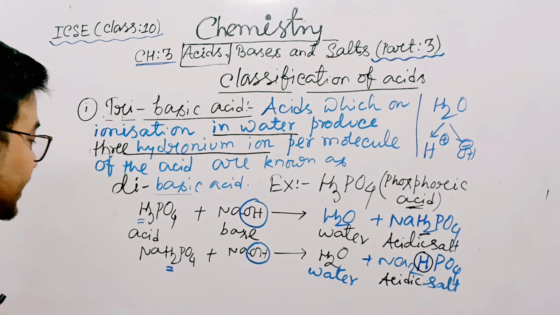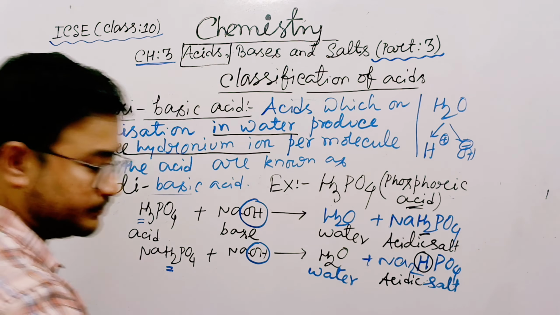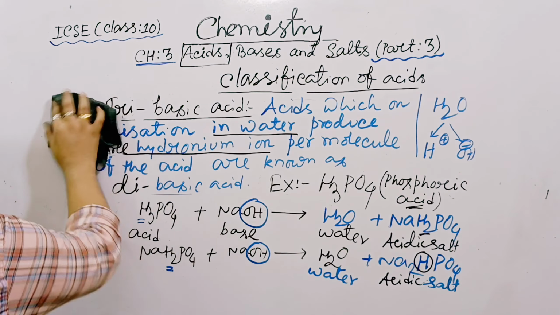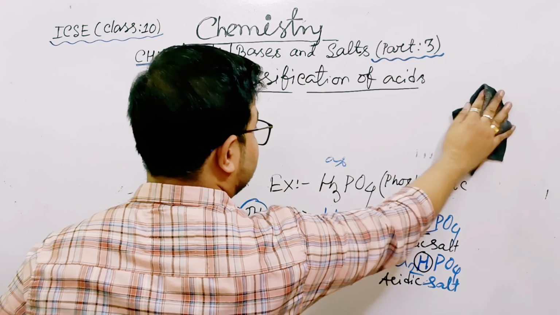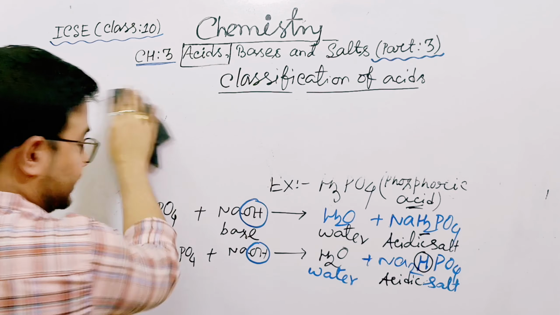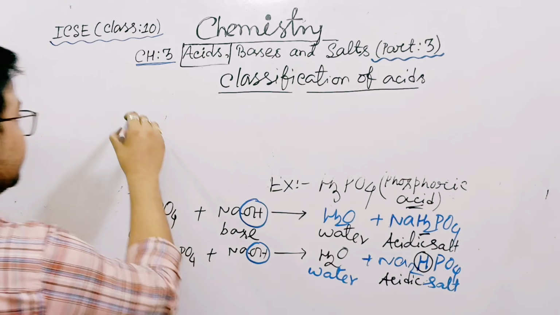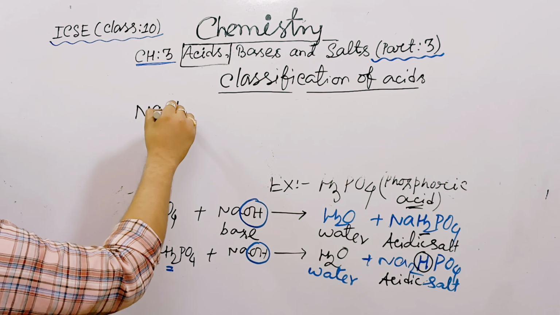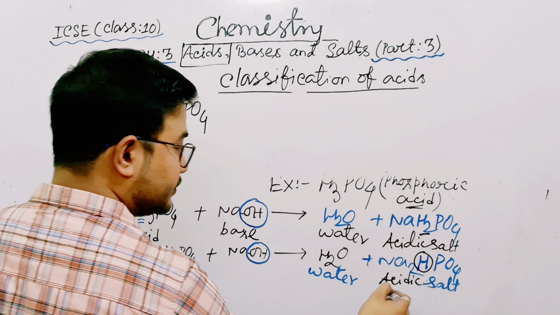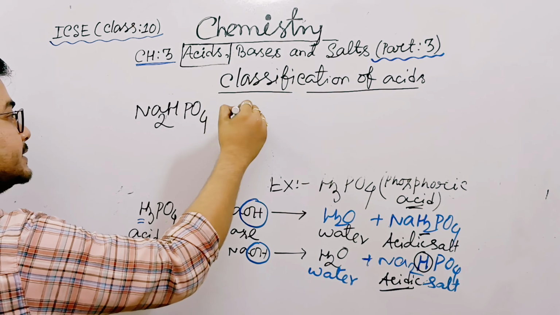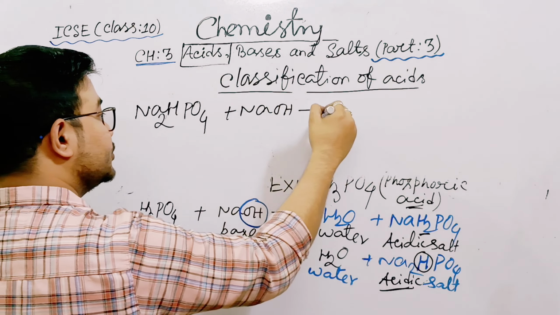Do you understand? Now in the third step, again take this Na2HPO4. Since it is also acidic, take base. So they produce water first.